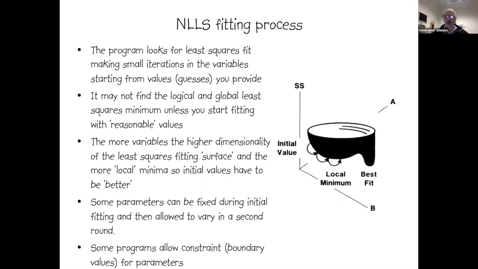This tends to constrain the fit within reasonable boundaries. Another approach you can use is to fix some of the parameters. So rather than having them as variables, you just input a number, and then once you've got the other variables fit, you release the other parameters during a second stage of fitting.